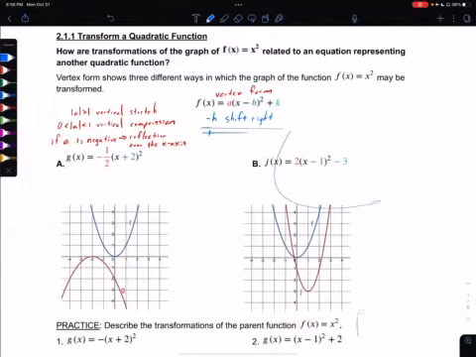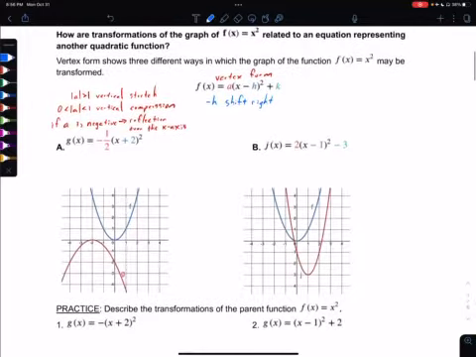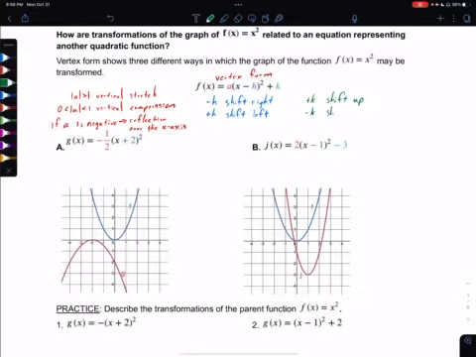And if we were adding h, if we add h, there will be a shift left. And then finally, our k value. The k value is the easiest one to understand. It's very straightforward. So plus k would be a shift up, and minus k would be a shift down.